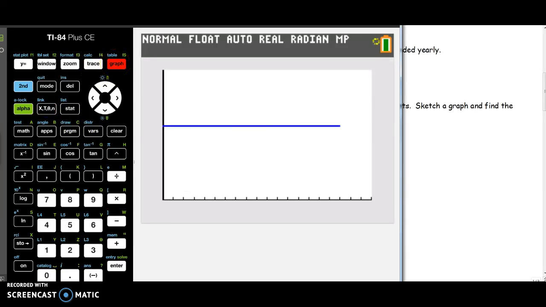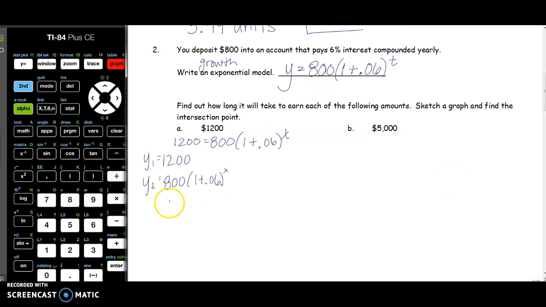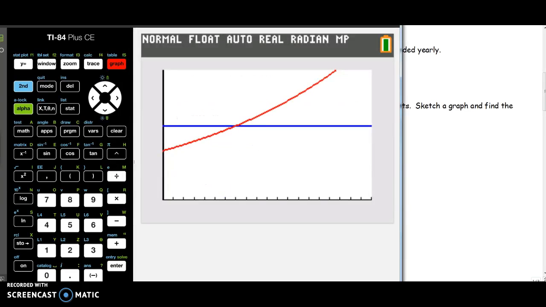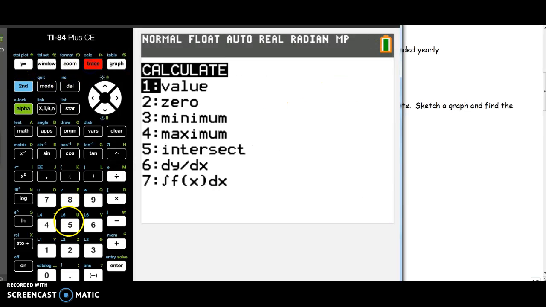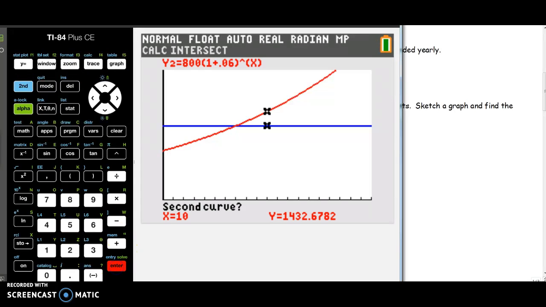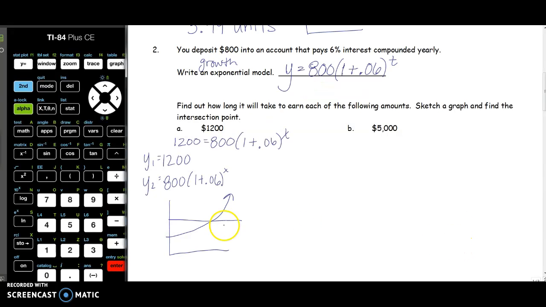If you hit graph, if you notice, our screen is big enough for us to see that intersection point. So let's graph that intersection. So it looks like this. Okay. And then we need to find the intersection. So second trace 5, 1, 2, 3. Enter 3 times. So it will take 6.96 years for your bank account starting at 800 to reach 1200. The question though is, how long will it take to reach 5,000?